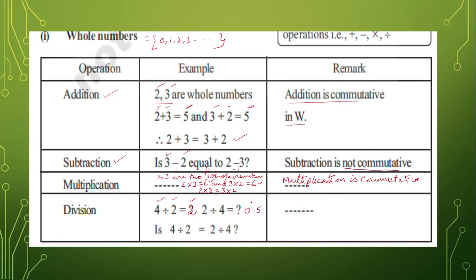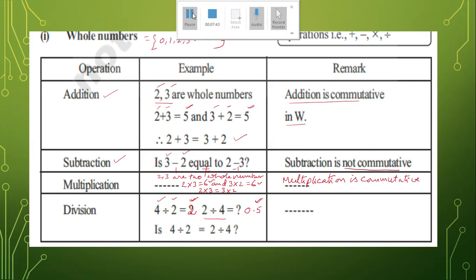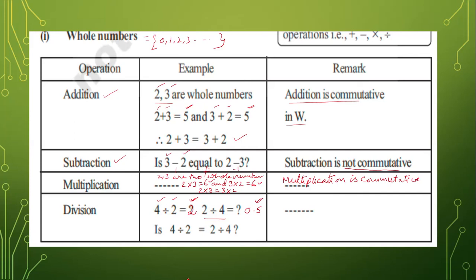Here, what do you say about these two results, are they the same? Here 4 divides 2. In the second instance 2 divides 4. If the order is changed, the result may not be the same. Why? Because in the first instance we get 2, in the second instance we get 0.5. So 4 divided by 2 is not equal to 2 divided by 4.